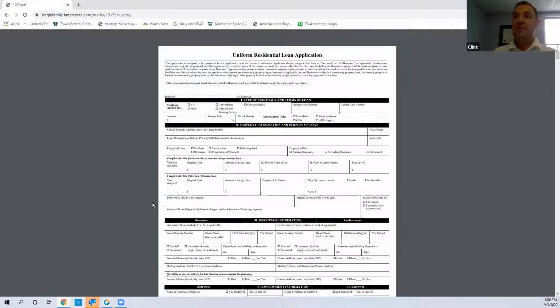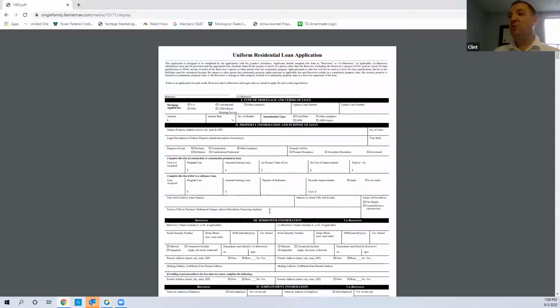I tend to do that, but I also still do handwritten versions depending on how difficult or how much information the borrower may be sharing. So I find that having a hard copy with all the information wet printed becomes very handy and very useful, especially when I'm going back and going through my notes.